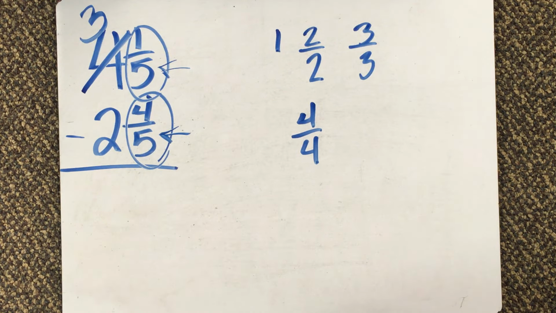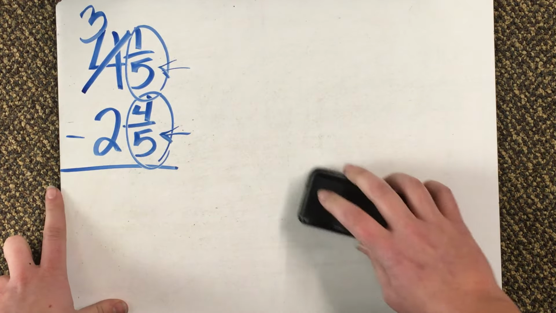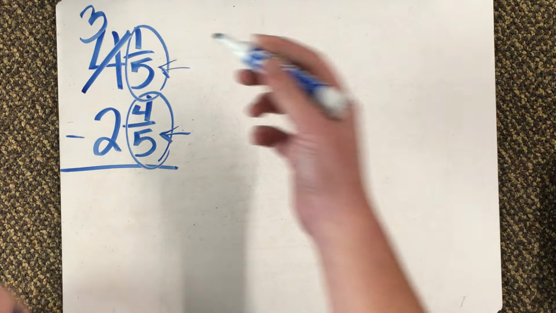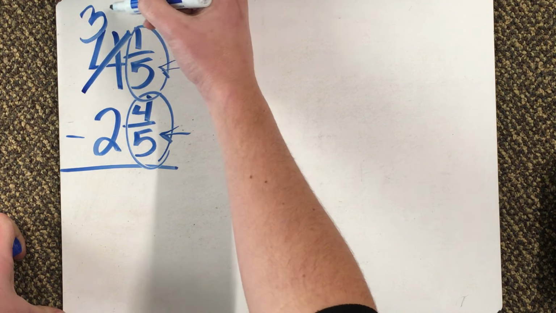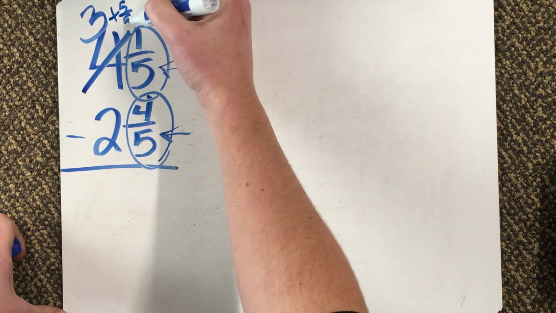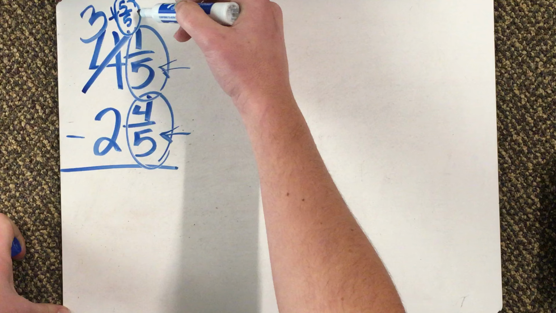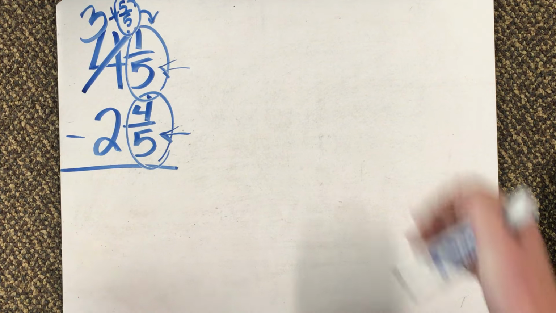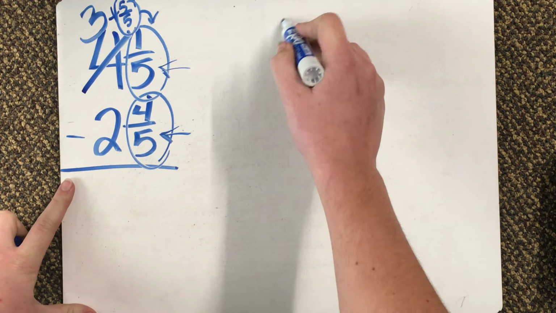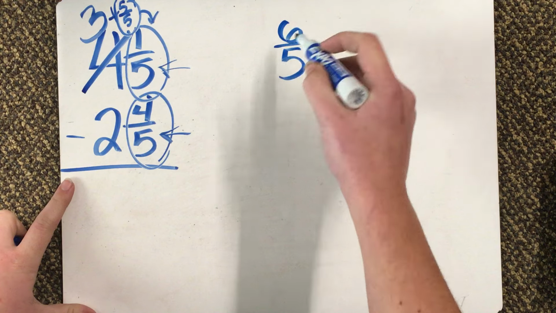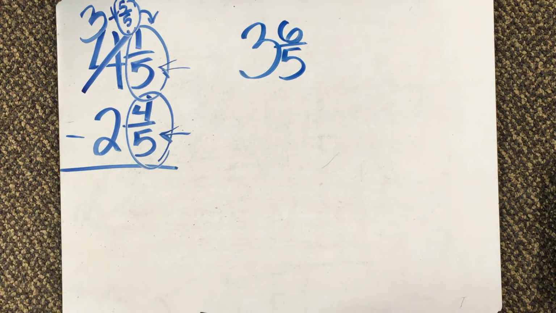Well, hopefully you're thinking we should write 5/5, and you would be absolutely correct. This 3 is technically 3 plus 5/5. And so we're going to add that 5/5 to our already 1/5 part of the mixed number that we have. And 5/5 plus 1/5 would be 6/5. And so now we have 3 6/5.